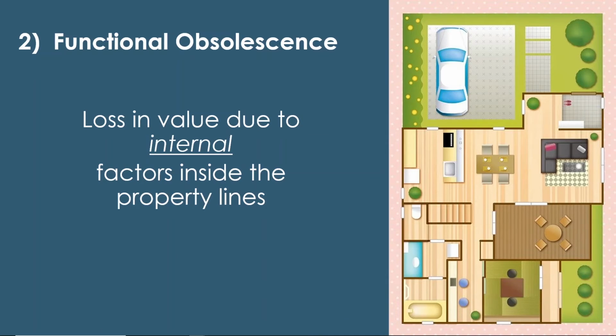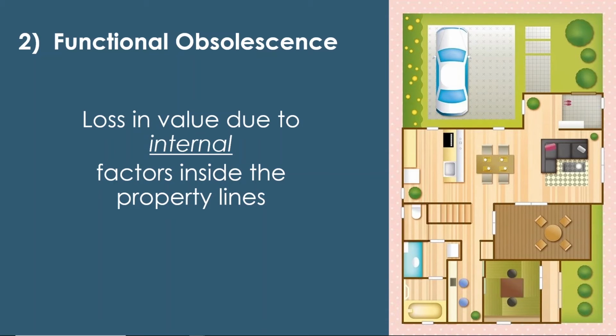Now, functional obsolescence. So remember, it's loss in value due to internal factors inside of the property lines. So styling issues usually. So for instance, a one-car garage, one bathroom, when other places may have two-car garages, two bathrooms. The floor plan might not be great. The fixtures may not be ideal.